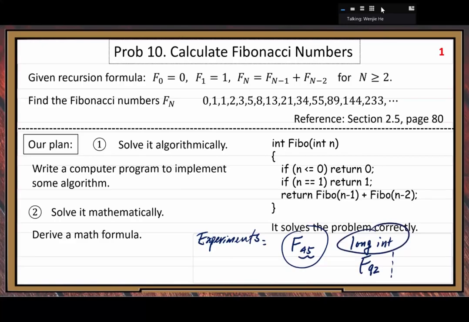But if you calculate F93, then you get overflow. So you get an idea how large it is. Not too large, because the range for a 64-bit long integer is about 2 to the 60.